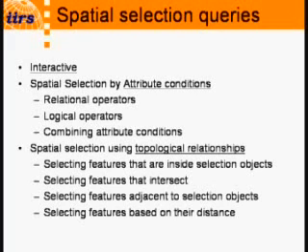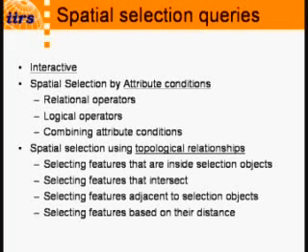So selecting features that are inside selected objects. Inside is one of the topological relationships. Selecting features that intersect. So you can have two different feature classes or vectors. You can intersect them and you can get the information, that is the common area, and then selecting features adjacent to selection objects, and then selecting features based on their distance.